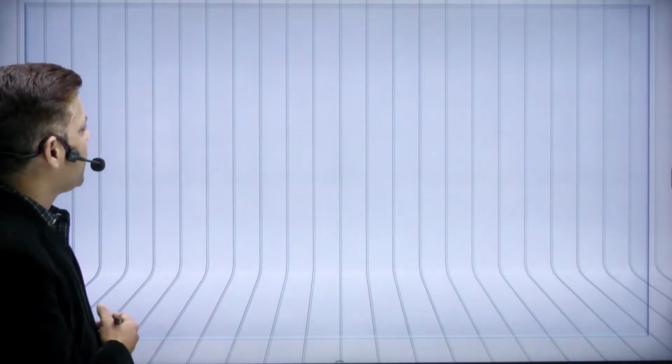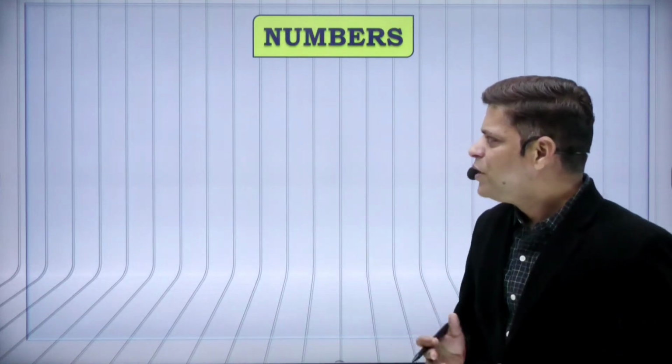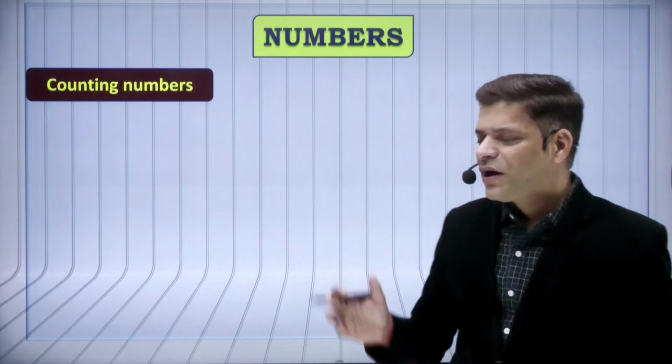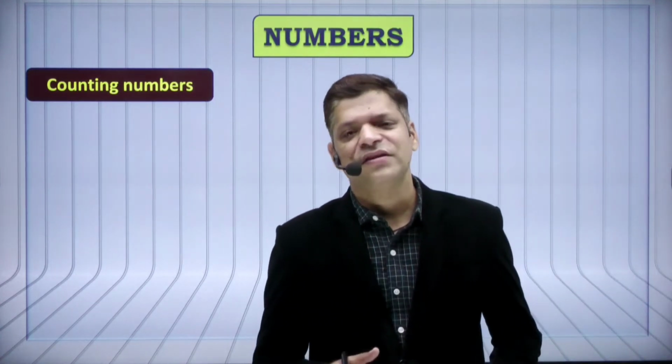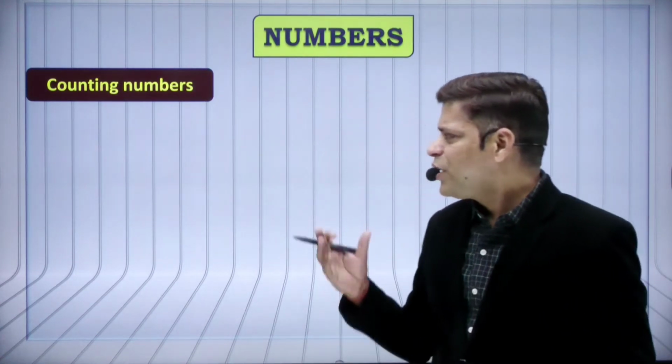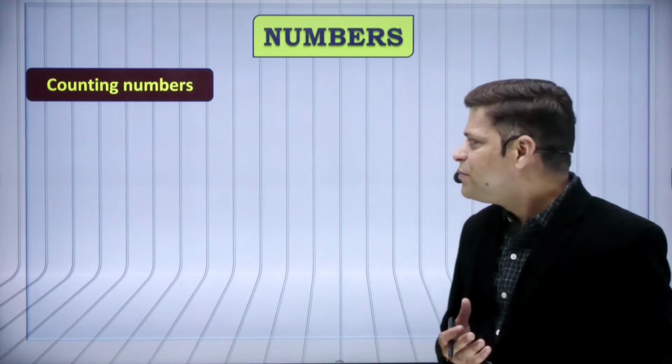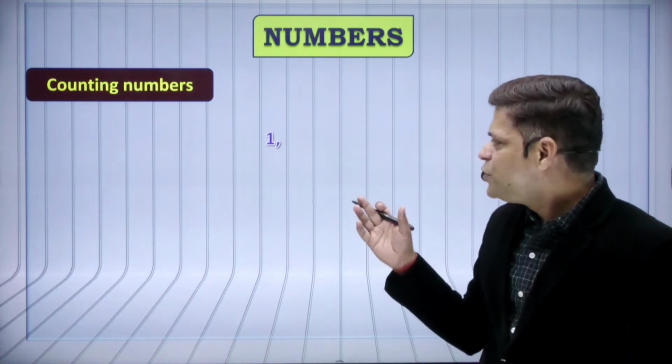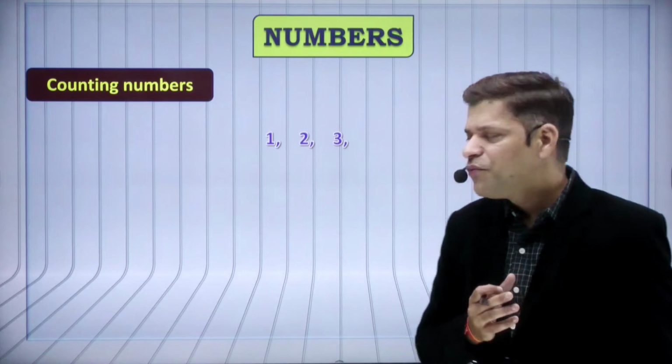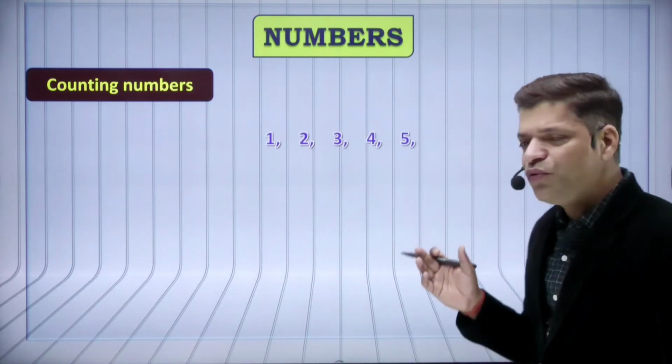So here, numbers. First we should know where the numbers start. As we know, in our daily life we use counting numbers. So what are the counting numbers? The counting numbers are 1, 2, 3, 4, 5 and so on.